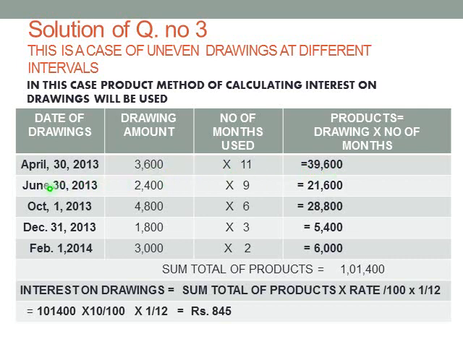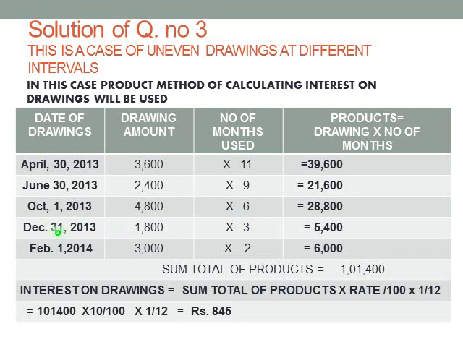Next drawing is on 30th June, amount withdrawn 2400 and number of months used will be 9 months, and the product of these two will be 21,600. Likewise, the amount which is withdrawn on 1st October is used for 6 months, and the product of these two will be 28,800.